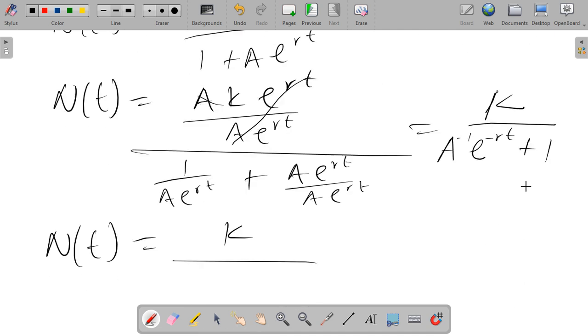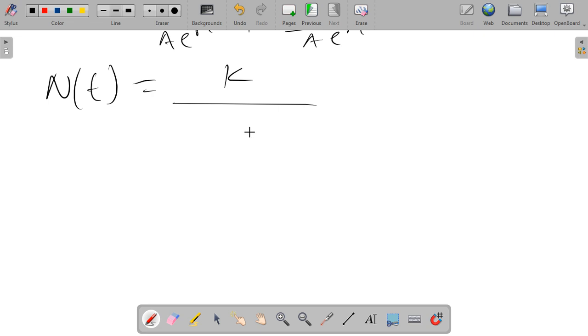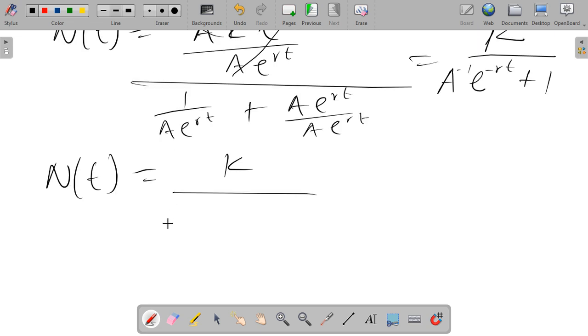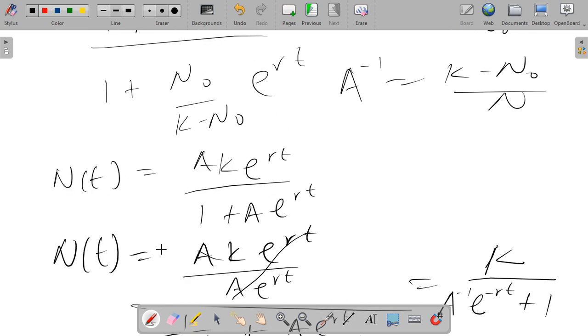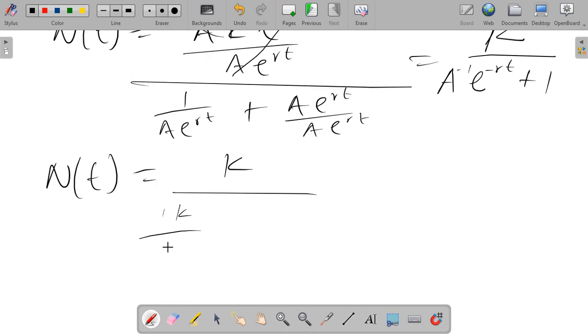K minus N naught over N naught, then plus 1. Okay, sorry, there is an exponential there, in bracket, exponential minus RT. So this is my equation.